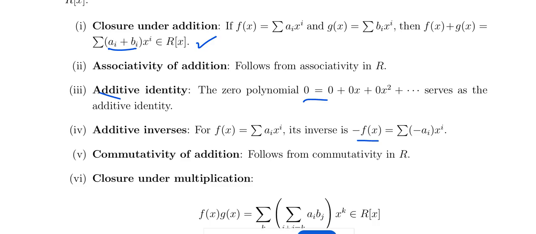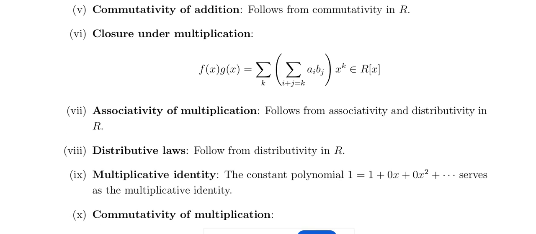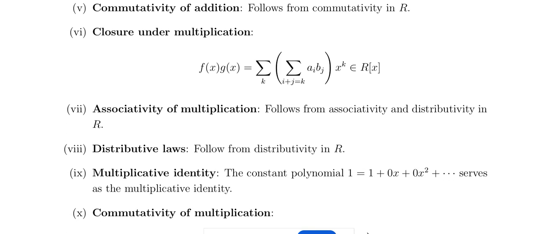And for closure under multiplication, f(x) times g(x) obviously belongs to R[x] because the a_i and b_i belong to R. Associativity is always true, and the distributive law is always true because the distributive law is true for R, so for the corresponding polynomials it is always true.